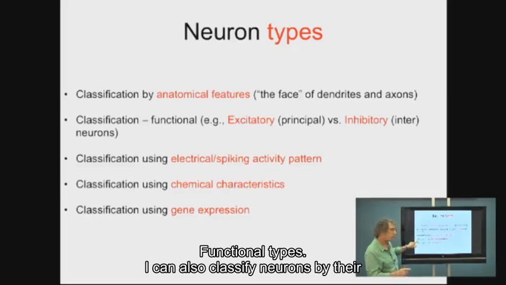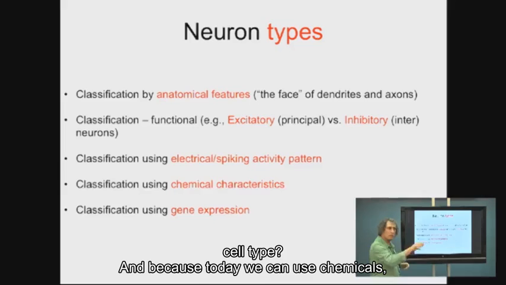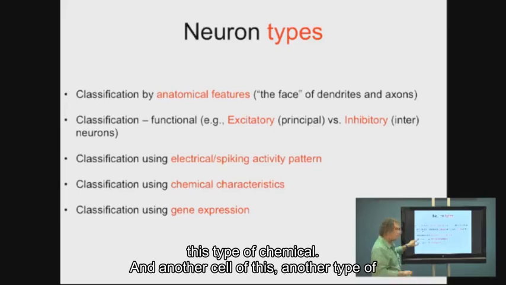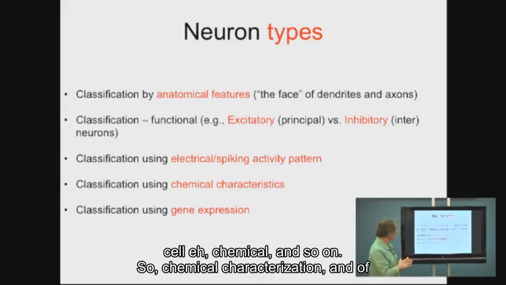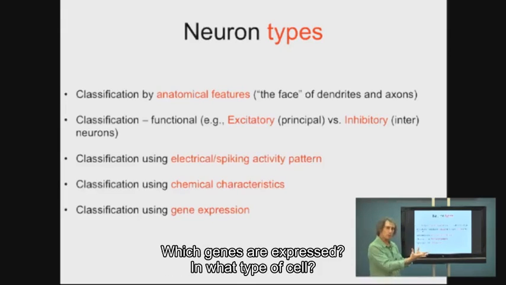I can also classify neurons by their chemical characteristics. What chemicals consist of a particular cell type? And because today we can use chemicals, stain chemicals, we can see that this cell consists of this type of chemical and another cell of another type of chemical, and so on. So chemical characterization. And of course, you can also use the gene expression. Which genes are expressed in what type of cell?